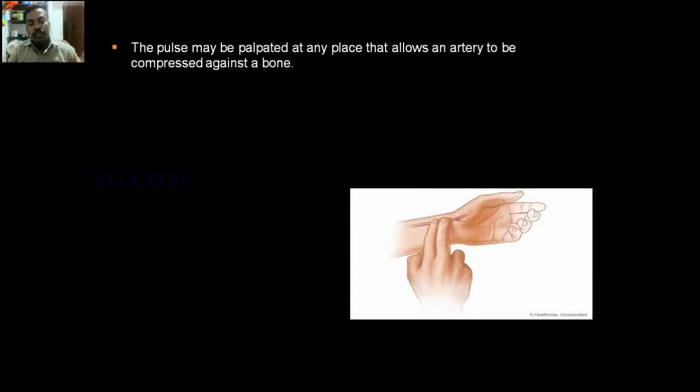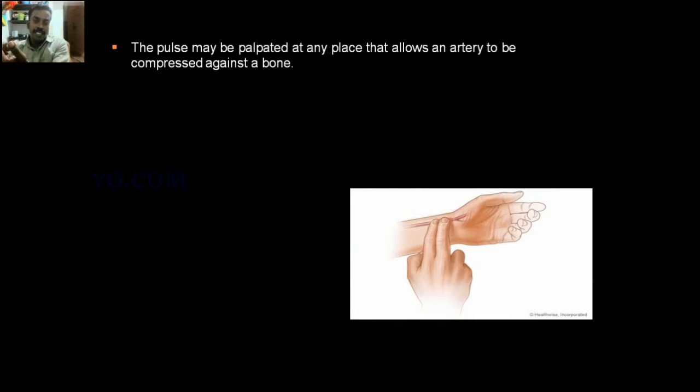Let us see how we can measure the pulse. In the normal method, we can place our finger over the artery. The pulse may be palpated at any place where an artery can be compressed against the bone. You just press the artery.